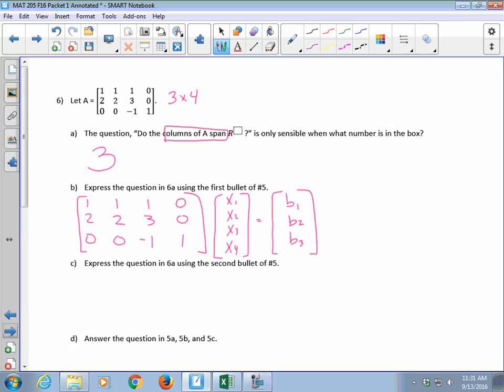The question is, does this have a solution no matter what I choose for B1, B2, and B3? Solution for every B. That symbol, which looks like an upside down A, means for every possible B. Yeah, Justin.